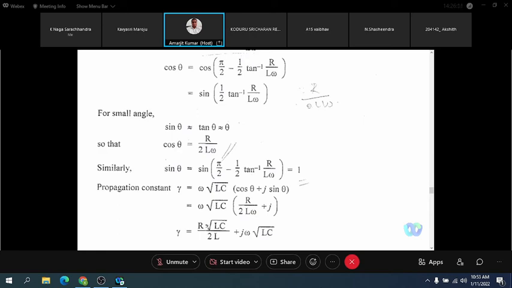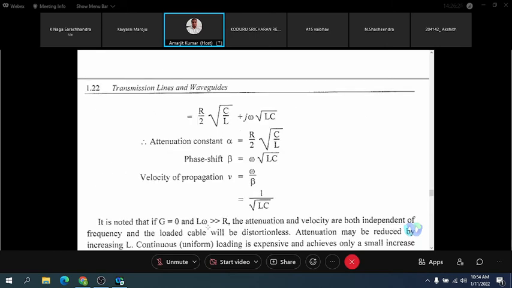So what will basically be alpha and beta after the inductance loading? Alpha is R by 2 root L by C, and beta will be omega root LC.